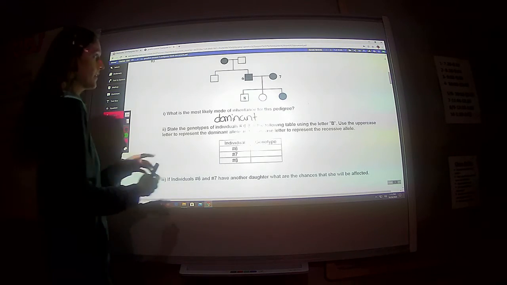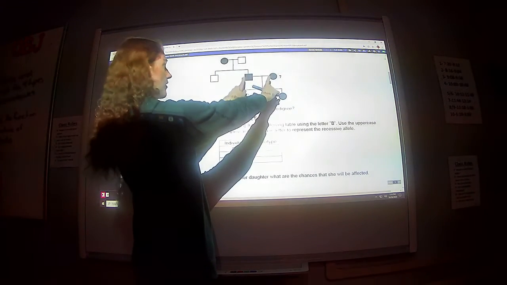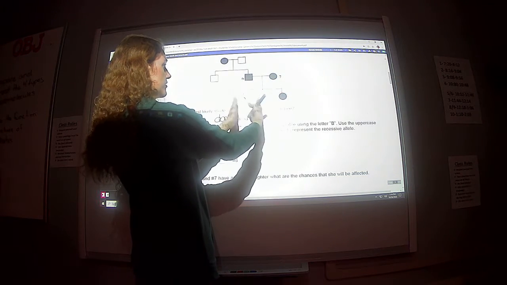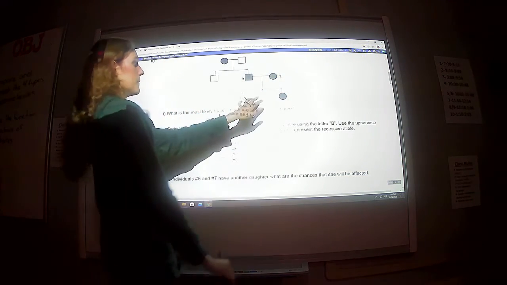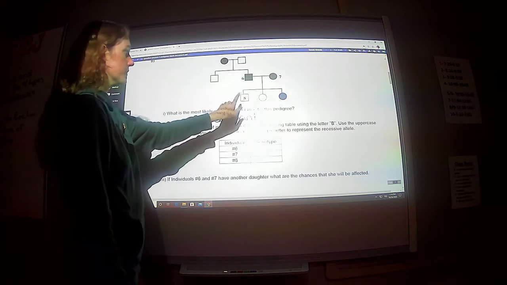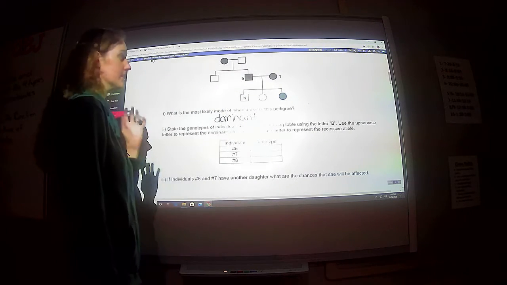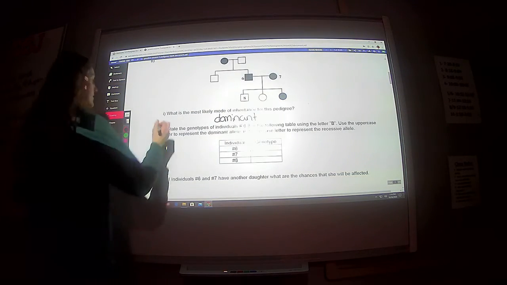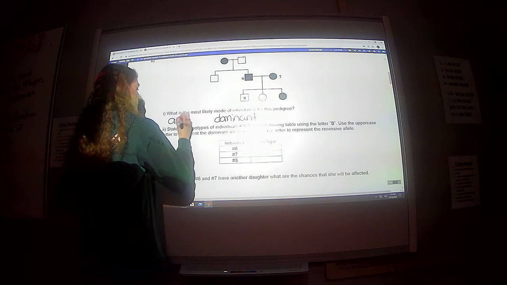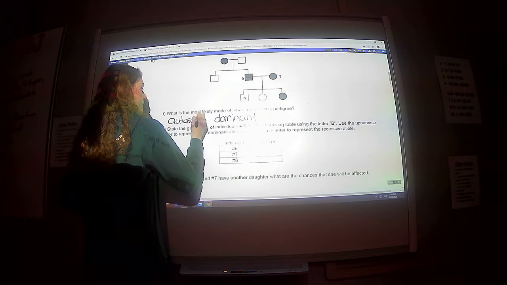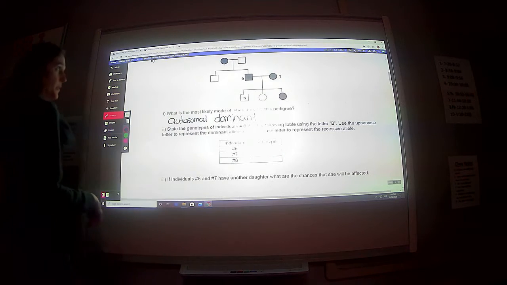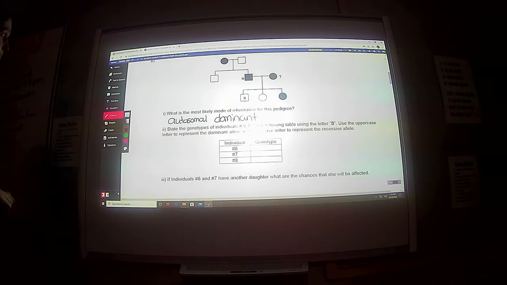Again, that is because I have 2 parents, both of them are affected. They have 3 kids, 2 of them don't have it. So that means that it cannot be recessive because they would have definitely displayed this trait. And it's going to be an autosomal disorder because it's affecting both males and females.